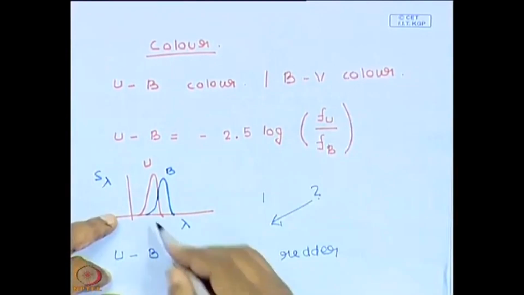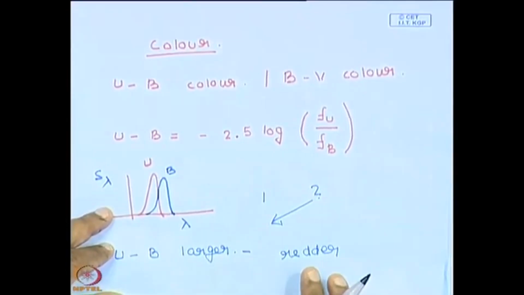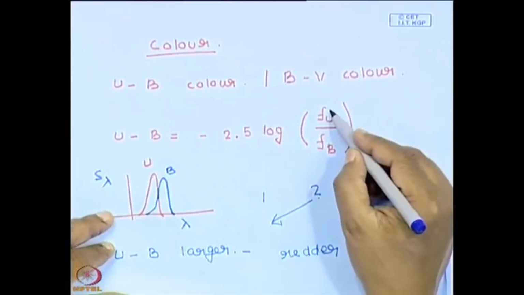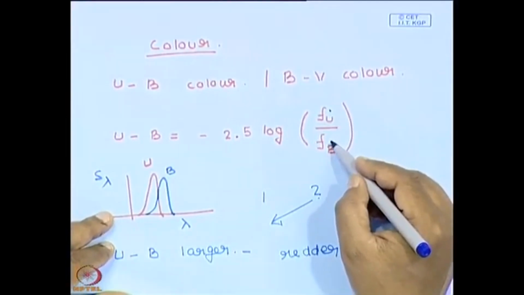We know that for the black body spectrum, the peak shifts with the temperature, and the source gets redder as it gets cooler, it will get bluer as it gets hotter. So more energy will be there in this band for a hot source, and more energy will be there in this band for a relatively cool source.